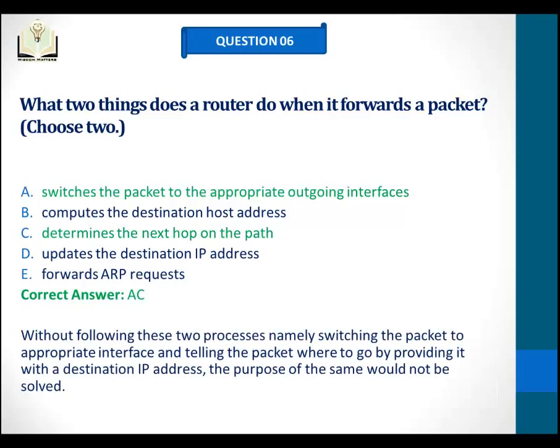And the answer is A and C. It switches the packet to the appropriate outgoing interface, and before that it determines the next hop on the path. Without following these two processes, namely switching the packet to the appropriate interface and telling the packet where to go by providing it with the destination IP address, the purpose would not be served.